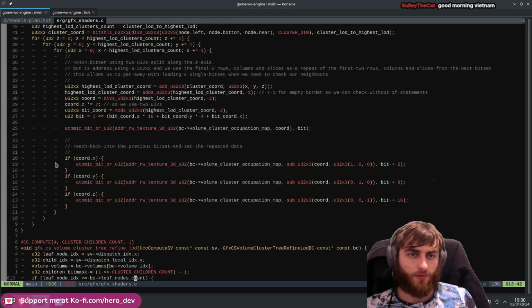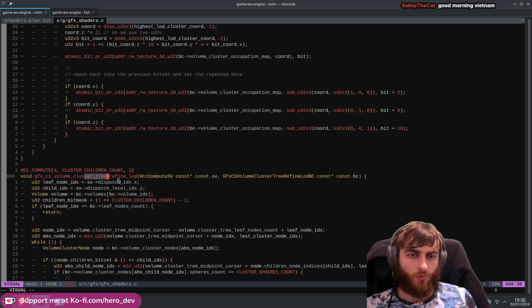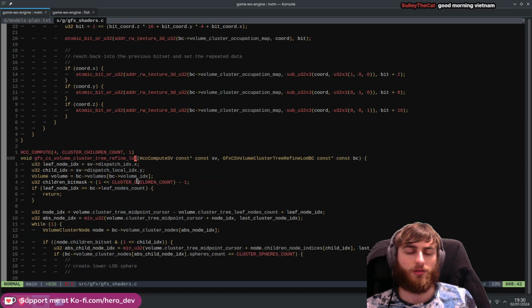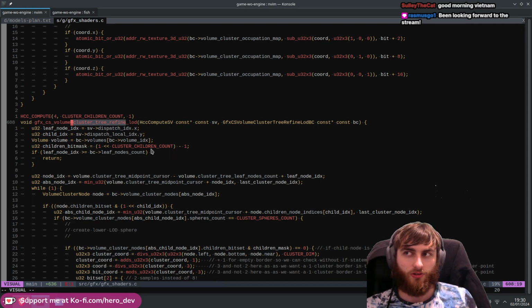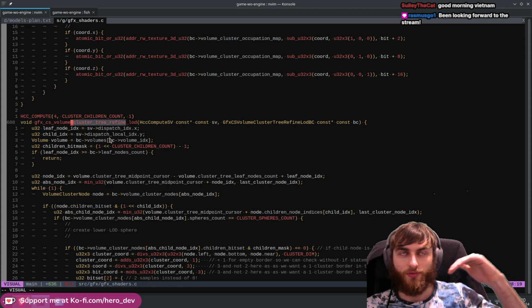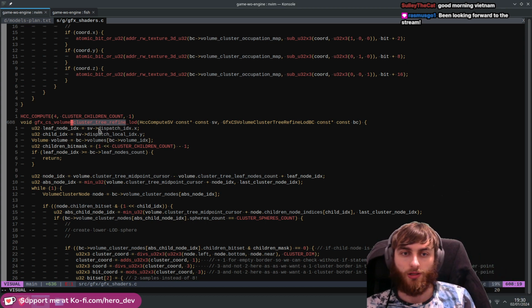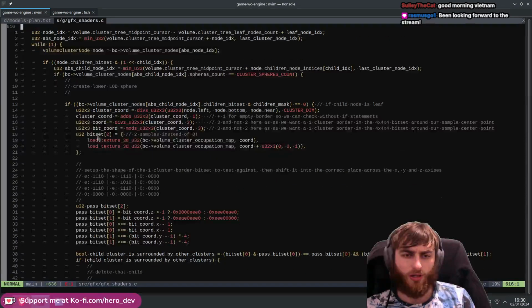Basically, we're working on this refined level of detail shader, which will go over all the highest level of detail clusters and then try to make low level detail versions of those by going up the tree.